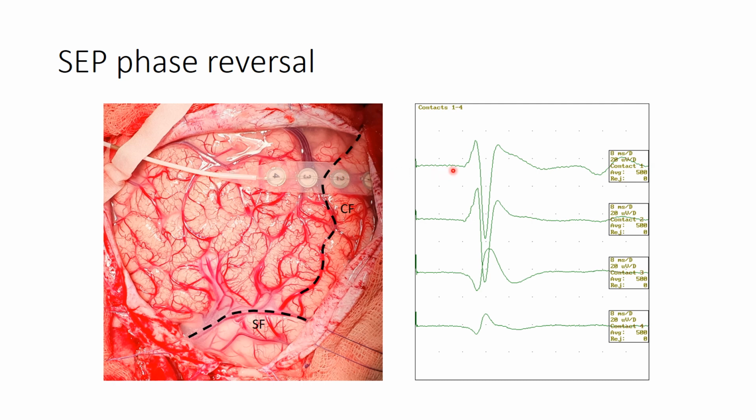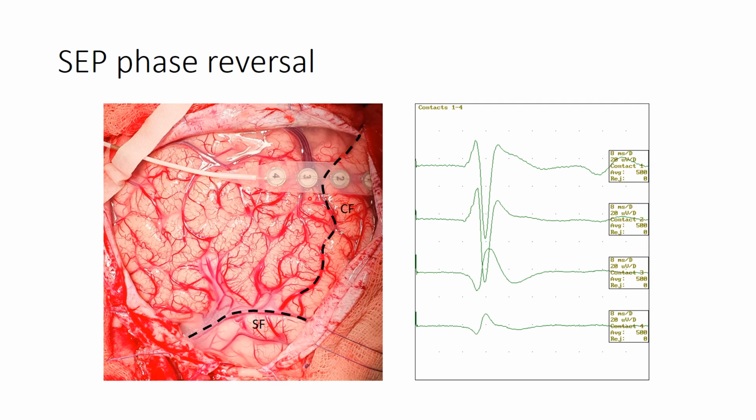And you see the typical parietal recordings, N20, P25, here and here on the first 2 contacts. But between the second and third contacts, phase reversal happens. So this is the mirror image of the N20 and P25 waves. So we may say in this case that we have phase reversal between the second and third contact.